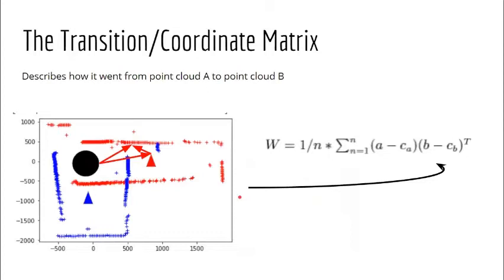How did it go from the previous image to the next image? That's the translation matrix. The way it's calculated is that we look at all the points inside both matrices A and B. Let's take point A, for example.